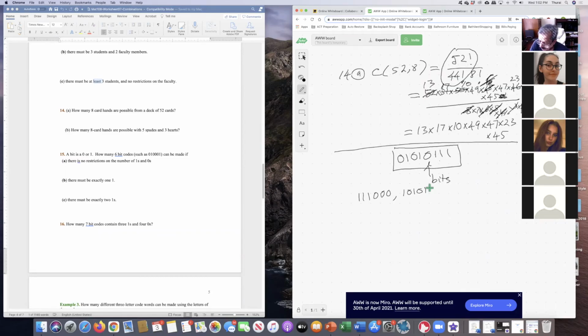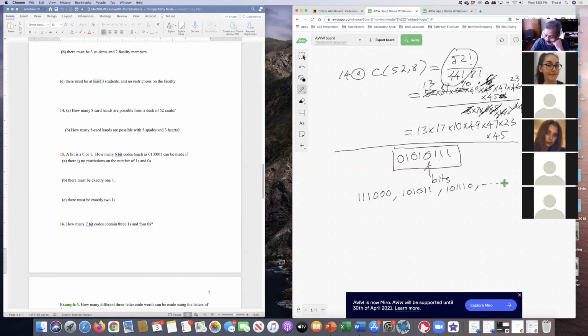So this is a different one. This is a different one. 1 0 1 1 1 0 will be another one. If you keep going, how many different ones are there? That's the question here. How many different such codes can be made? Okay, then you have to look at the question a little more carefully. What do we have here?